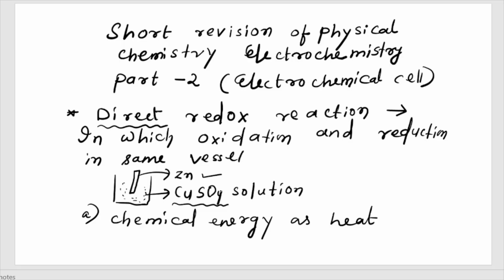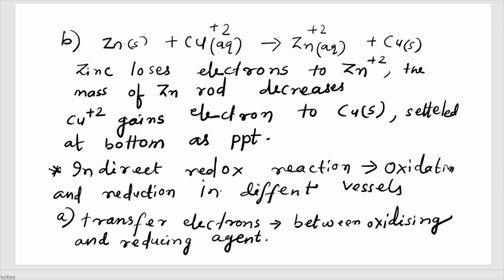What happens here? Chemical energy is produced as heat. Here the chemical energy is represented as heat. Now, what happens in the chemical reaction? Zinc is a solid because it is dipped as a solid, and Cu2+ because of the copper sulfate solution.